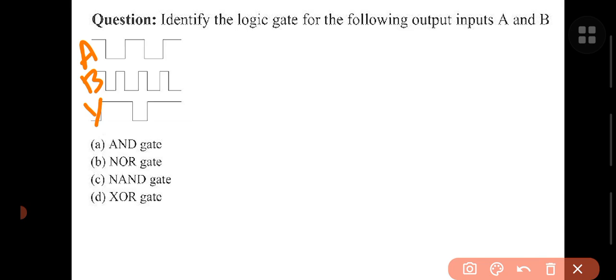Four options are AND gate, NOR gate, NAND gate, XOR gate.